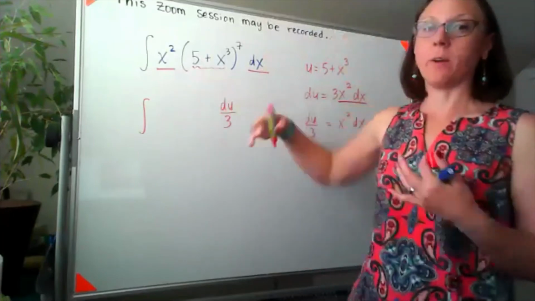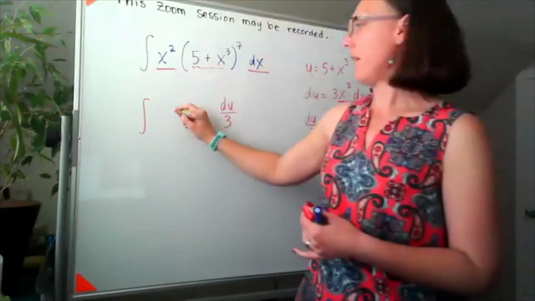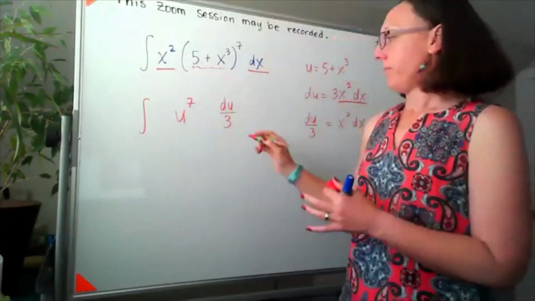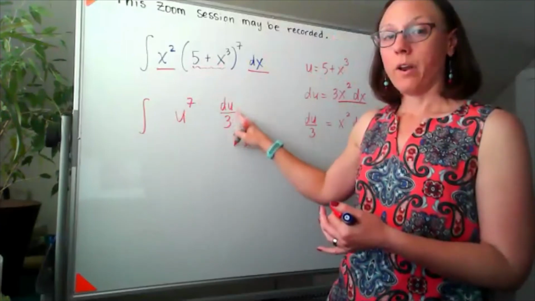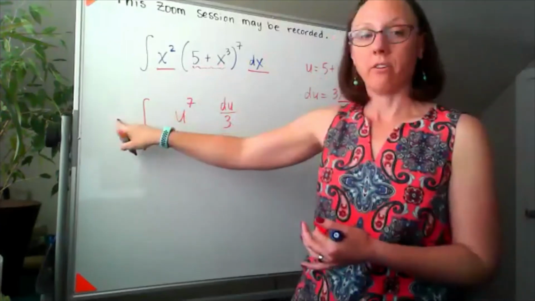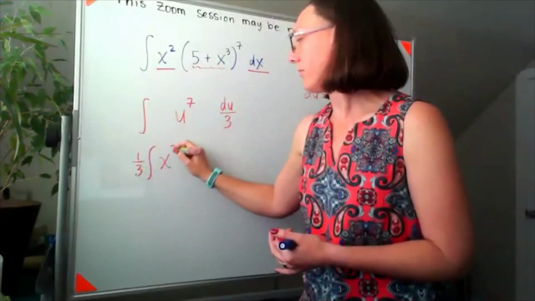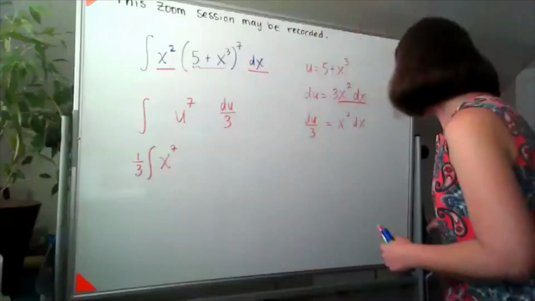And then this part that was more complicated, once I put the u in, I'll have u to the 7th. You don't have to do this, but I'm going to take that 1 over 3 and move it out in front of my integral. Oops, I switched variables on us.